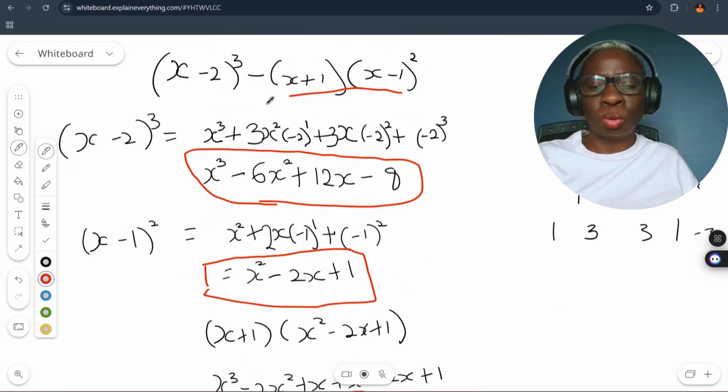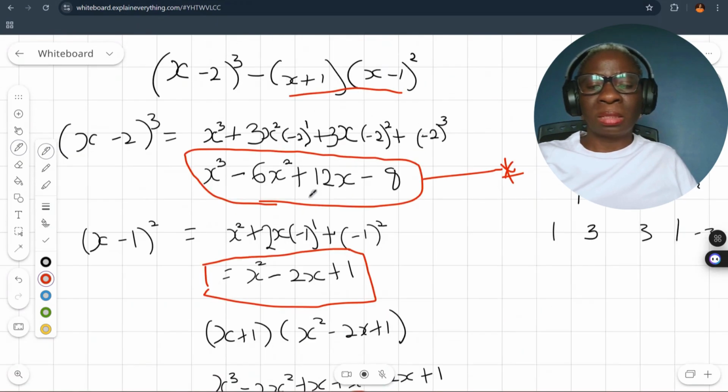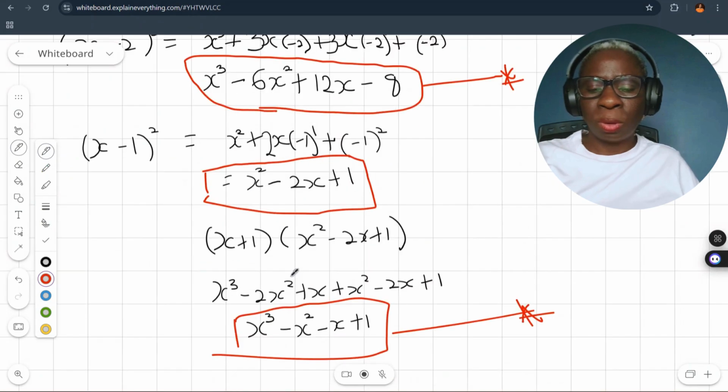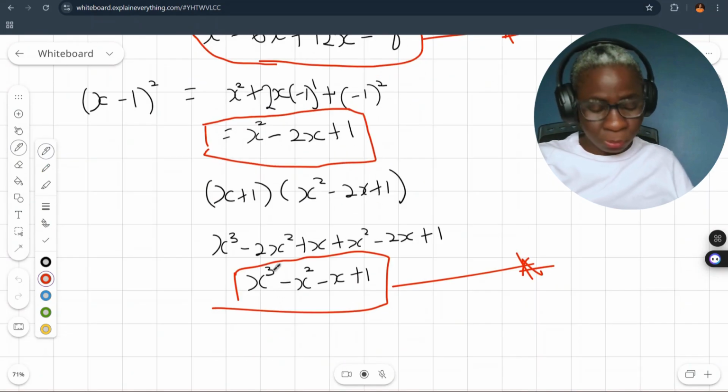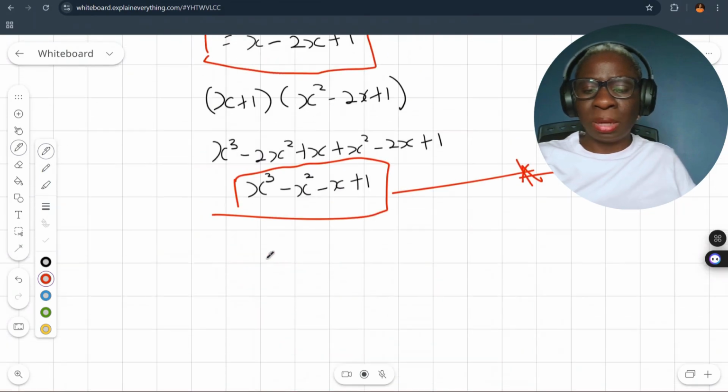This is for these two. We will now subtract it from this. We will subtract x plus 1, x minus 1 squared from x minus 2 raised to power 3. So that we'll have x cubed. Let's first bring the x cubed together. X cubed minus x cubed.